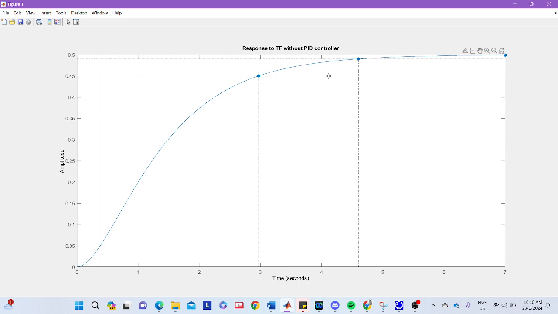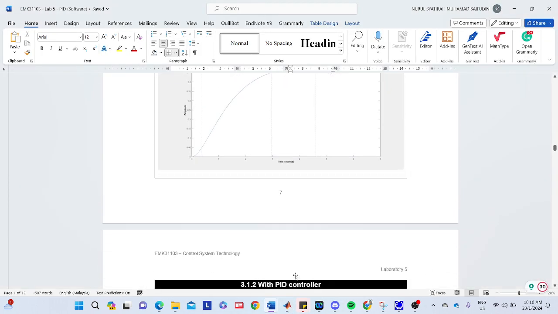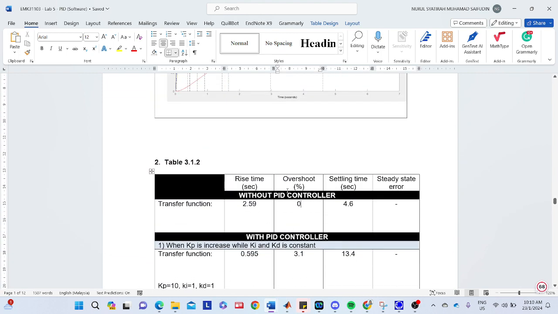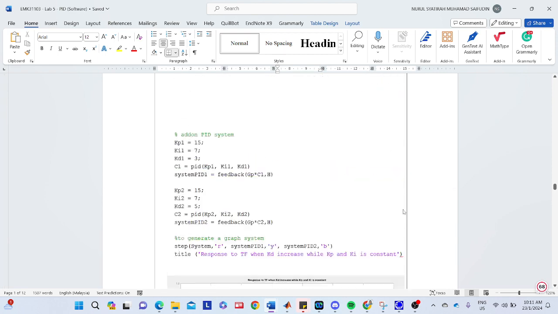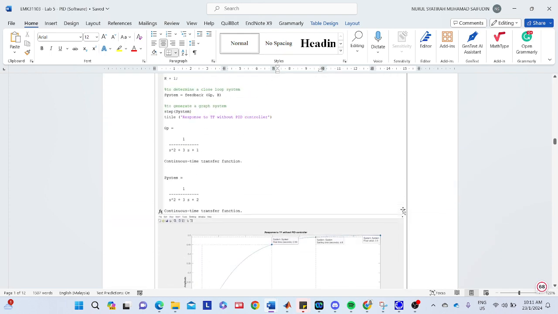There is no overshoot and no steady state error here. We put the values that we get from the graph in the table: rise time, overshoot, settling time, steady state error. So we are done with procedure 3.1.